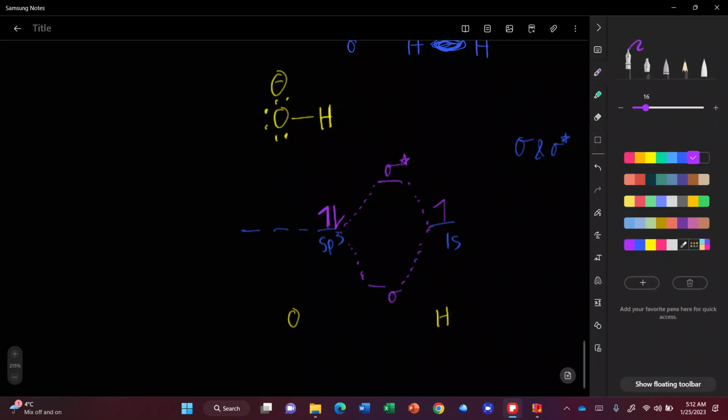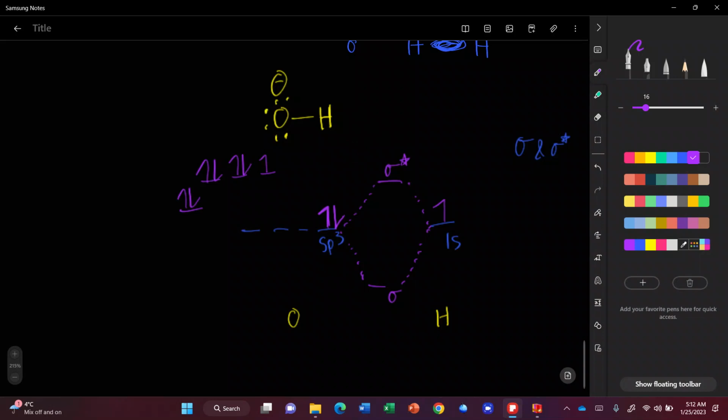Alright, so oxygen is in group 6. So oxygen normally has 2 electrons in the s orbital, and then 1, 2, 3. So oxygen normally has that electron configuration.